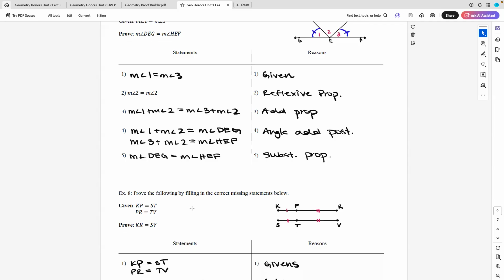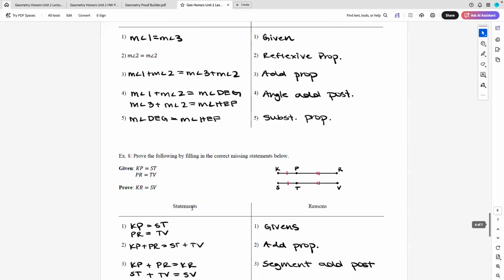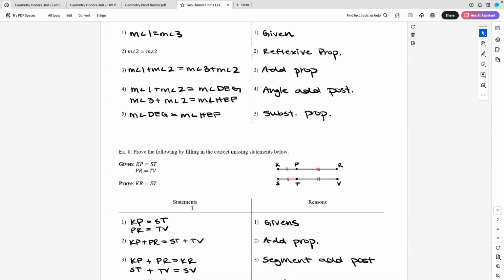So you got a given again. You're going to add those equal parts to each other. Then you do segment addition postulate.